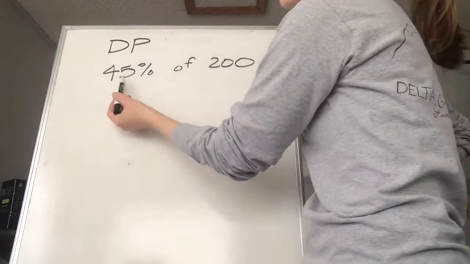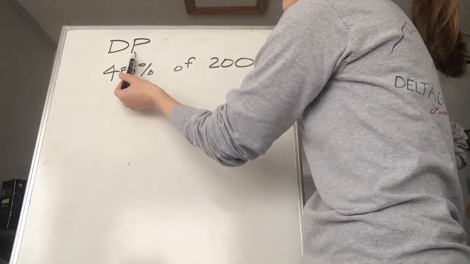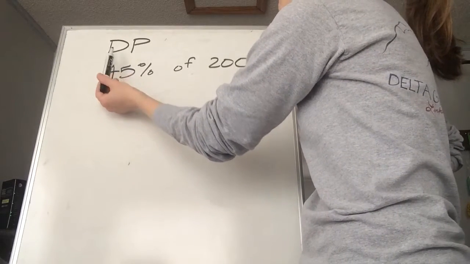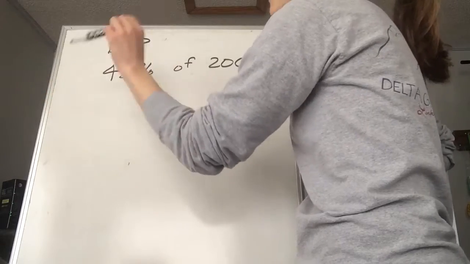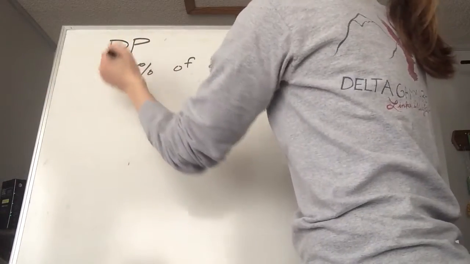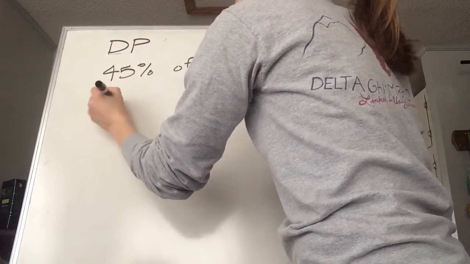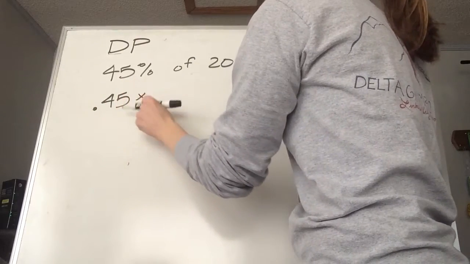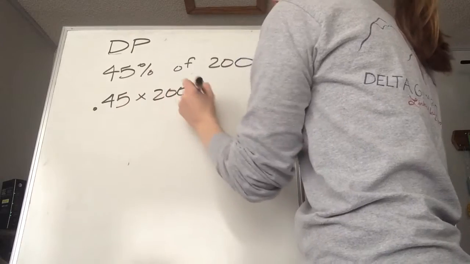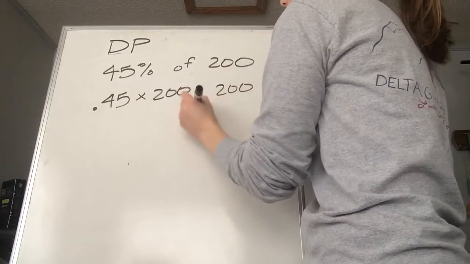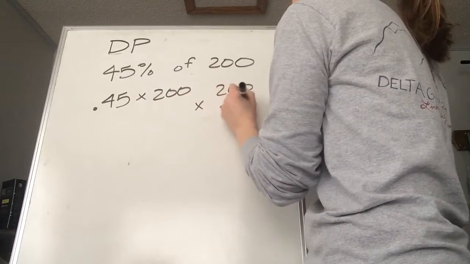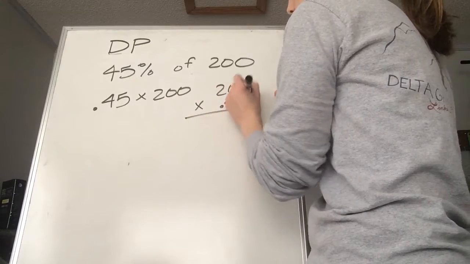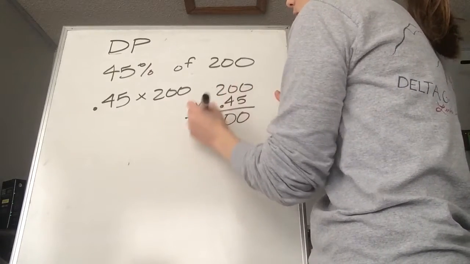But let's first change our percent to a decimal. So we're starting at a percent. We want to move it to a decimal. So it's going to be 2 places to the left since we're going to decimal mode. So that would be 0.45. Now we can multiply that of 200. So 200 times 0.45. So 5 times 0 is 5. 5 times 2 is 10.